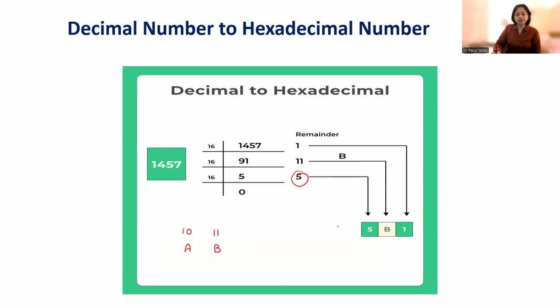So here this is 11, so you will write B. And then this is 1, so you will write 1. So 1457 in the decimal number system is equal to 5B1 in the hexadecimal number system. Make sense?